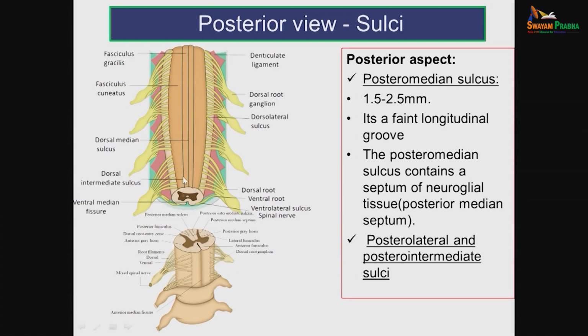On the posterior aspect, you can see a sulcus which is just 1.5 to 2 mm. It is not very deep. It is a faint groove called the posterior median sulcus. From the posterior median sulcus, see this picture below, a septum of neuroglial tissue extends till the grey commissure.